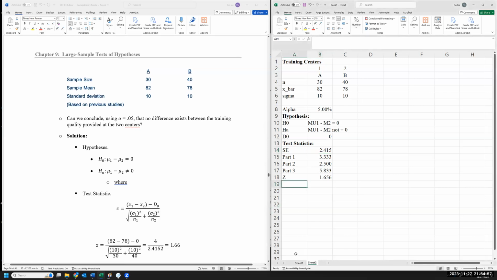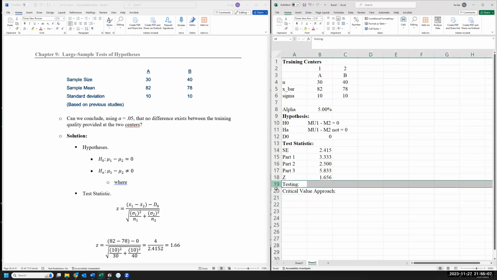And now we got to do the testing. We could do the critical value approach. I'll do that one always first. And then the p-value approach, I'll do that around here. So to do the critical value approach, again, we have the test statistic here, and we got to calculate the critical value.